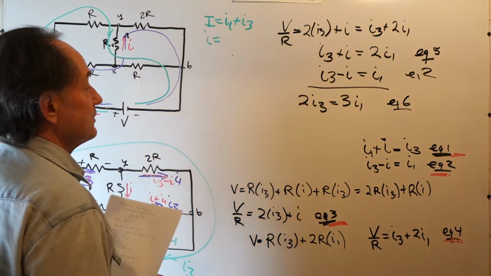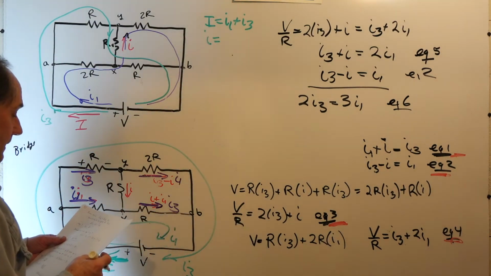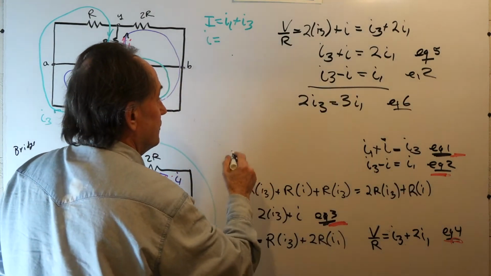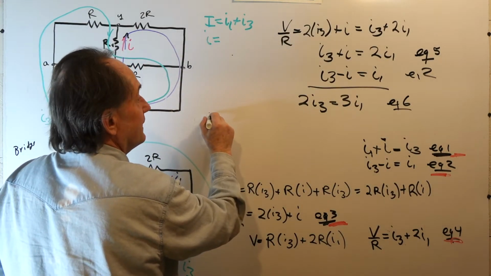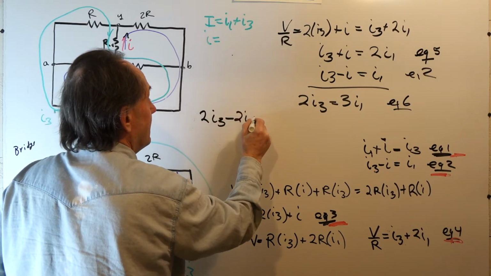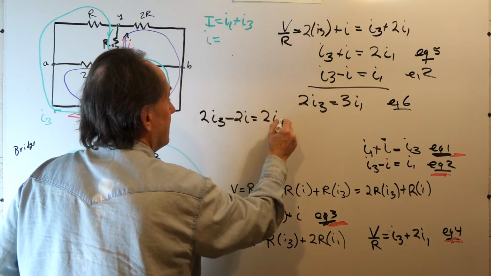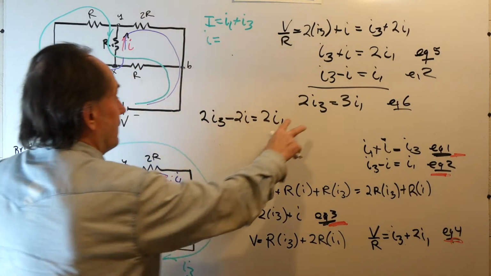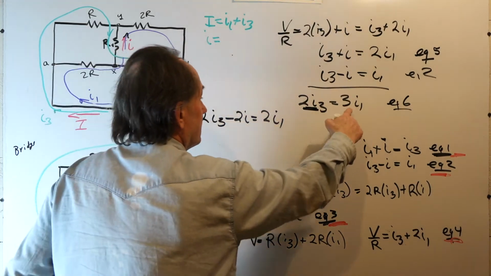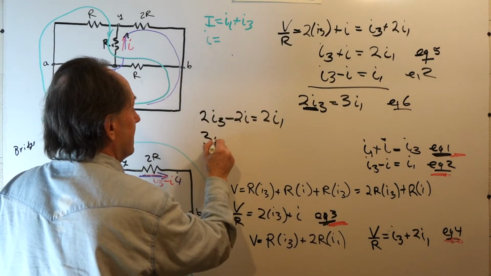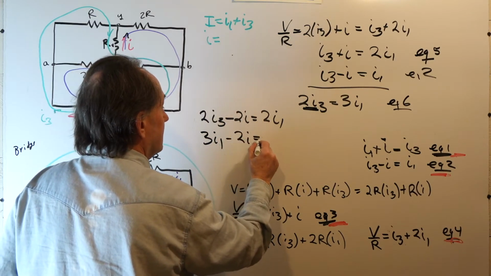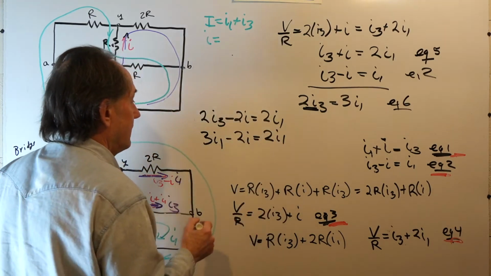Now, from equation 2, let's double equation 2. So we'll write equation 2 as 2I3 minus 2I equals 2I1. Now we can substitute in for 2I3 from equation 6. So we have 3I1 for 2I3, minus 2I equals 2I1.